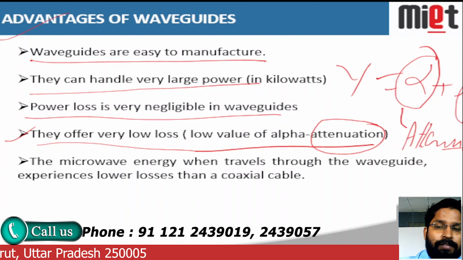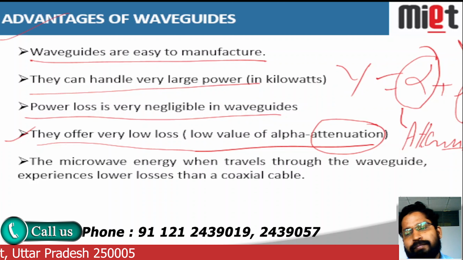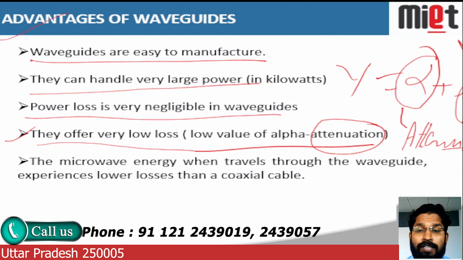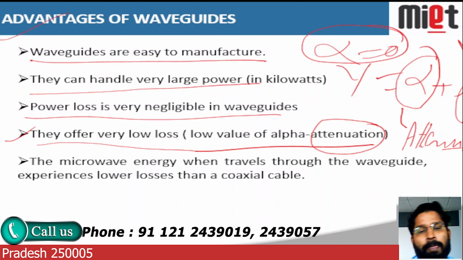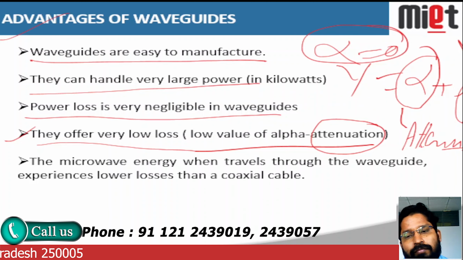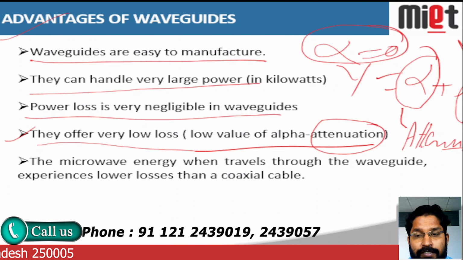When the wave propagates, the phase changes. If there is no loss, the value of alpha is 0. If there are some losses, alpha has a low value. Alpha means attenuation constant.